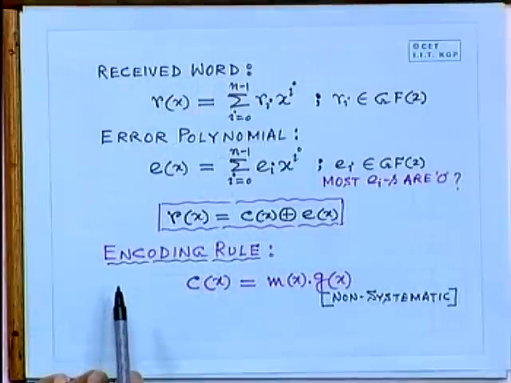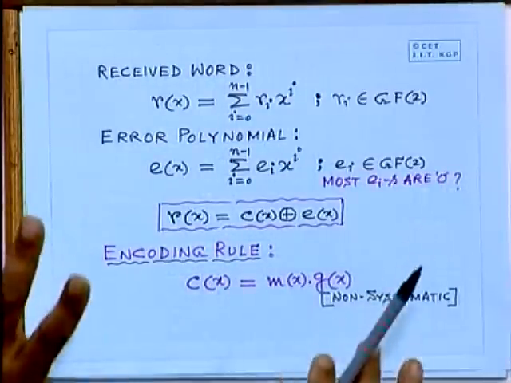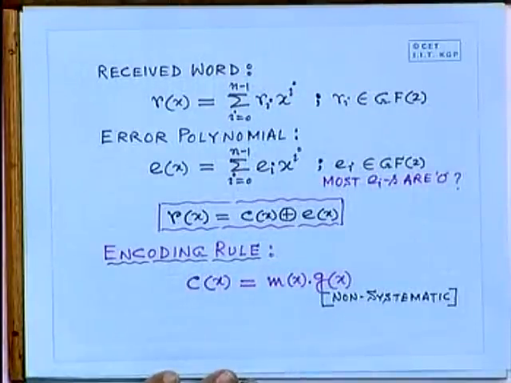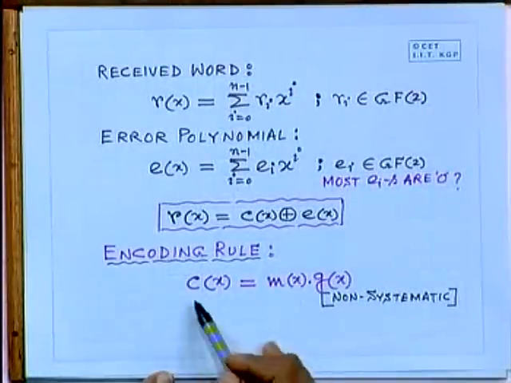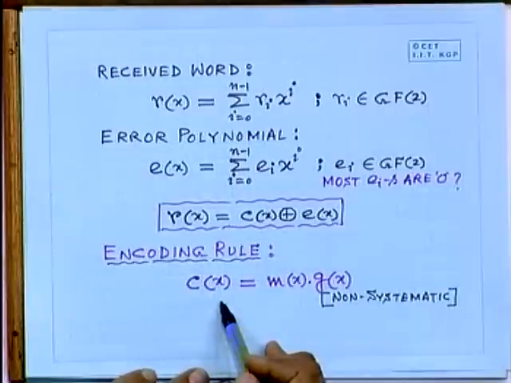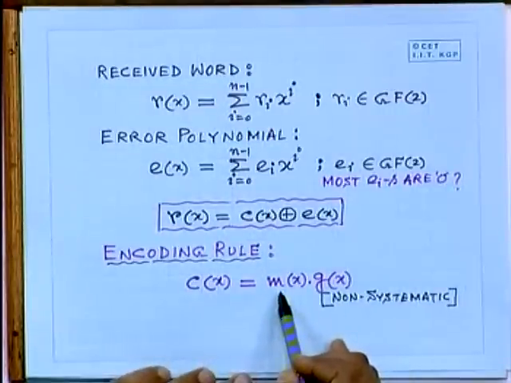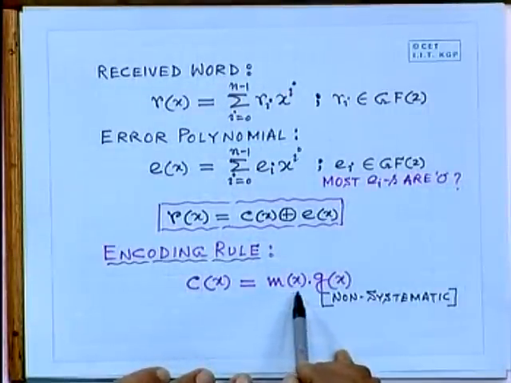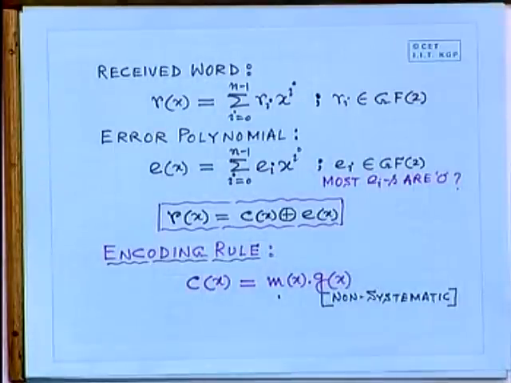A general encoding rule which is applicable for linear cyclic codes is simple as this. Cx, the code word polynomial, in many cases is nothing but the multiplication of the message polynomial and the generator polynomial. Yes, the issue is the multiplication operation.